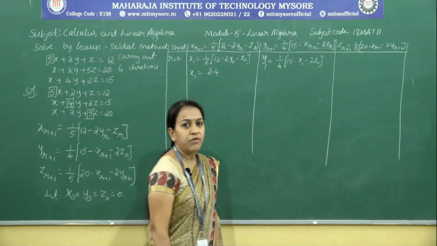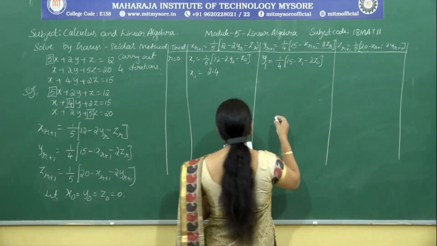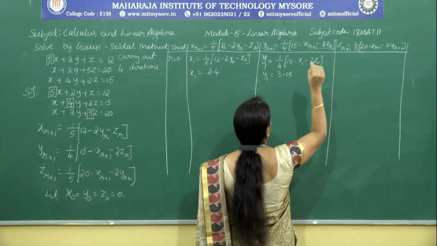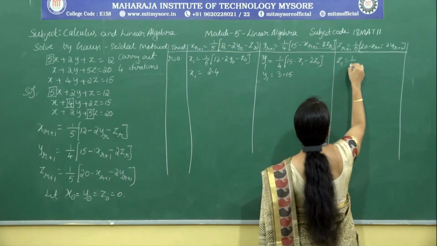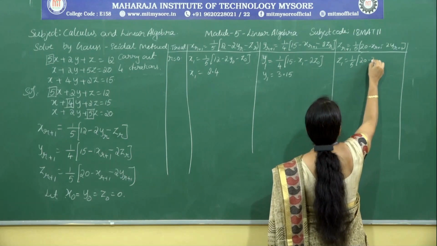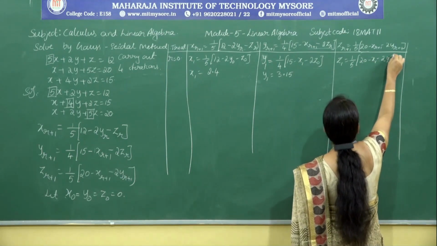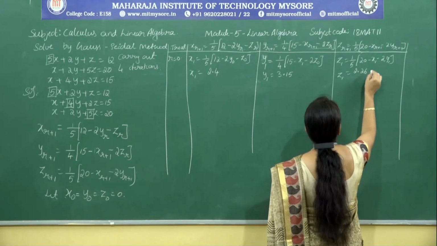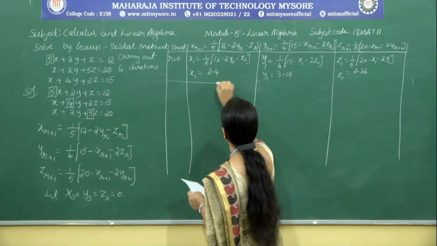If I substitute the x1 value and z naught, we will get y1 as 3.15. Similarly, z1 is 1 by 5 into 20 minus x1 minus 2 times y1, and your z1 will be 2.26. So this will be our first trial.